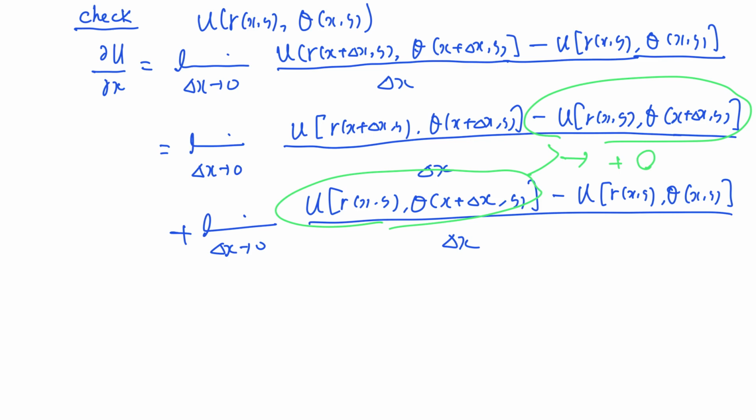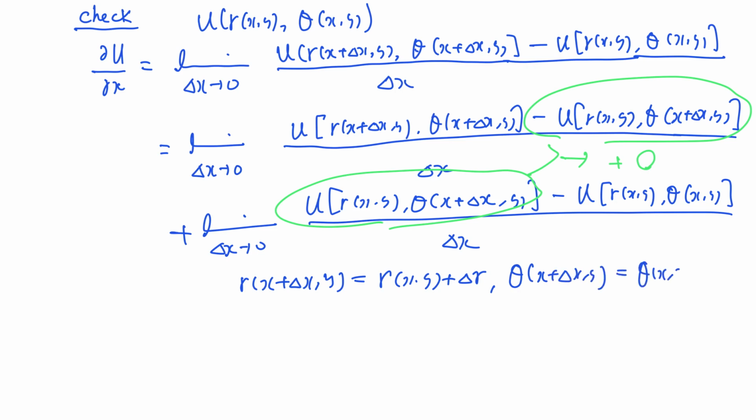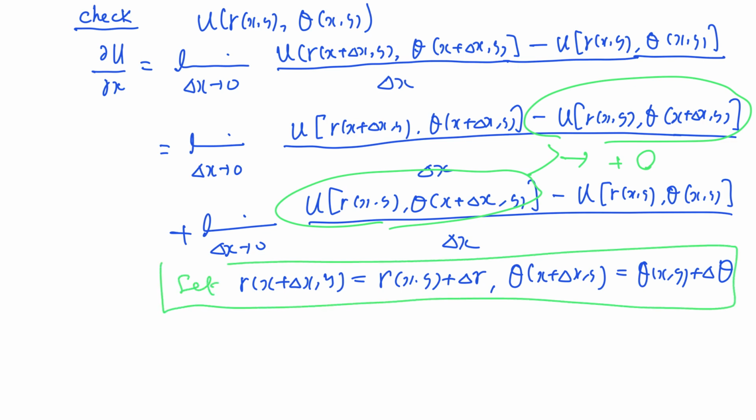And we can check that. You can say r(x plus delta x, y) as r(x,y) plus delta r, and theta(x plus delta x, y) as theta(x,y) plus delta theta, right? You can set that, then it becomes what?